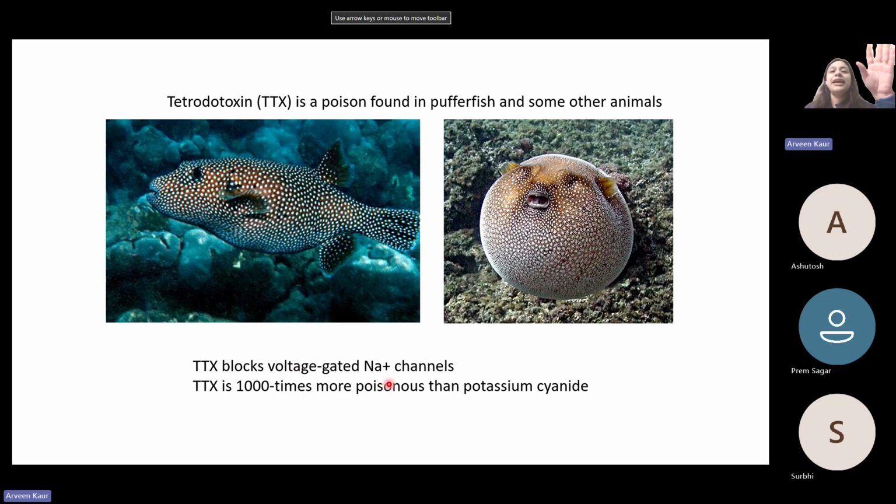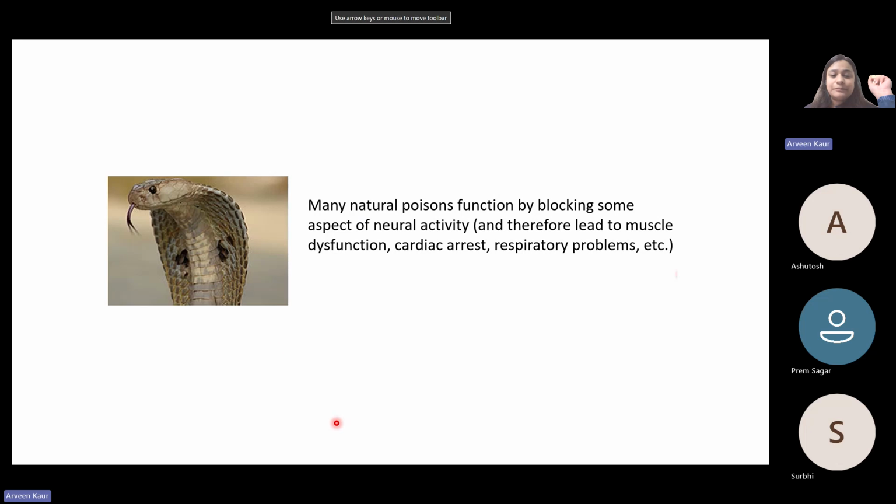So it will directly cause conduction issues in the animal that is trying to prey on it. It is 1,000 times more poisonous than potassium cyanide, right? Because it is directly going to intervene with all the chemical transmissions. And then there is no living after that.